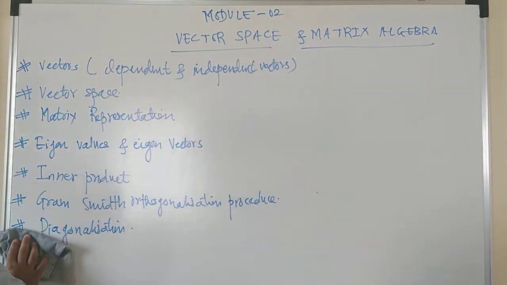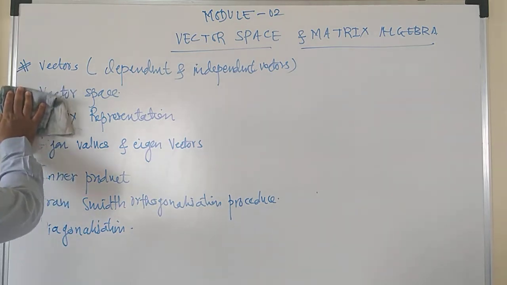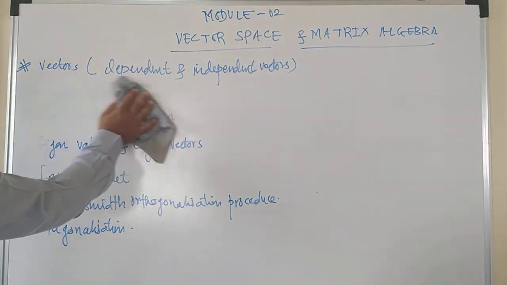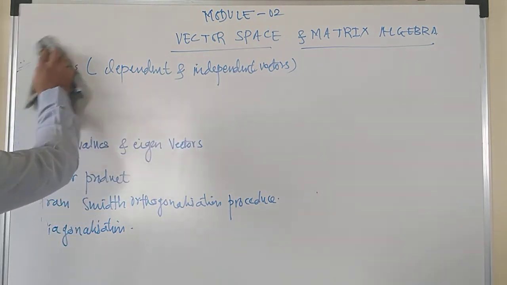Now let us try to understand what is a vector space and then dependent and independent vectors.